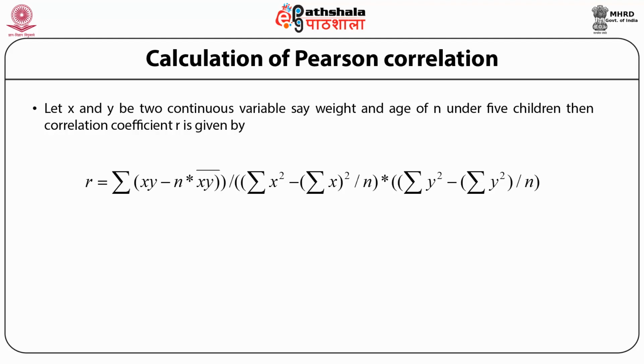Variance of x is equal to summation of x square minus sum of x whole square divided by n. This way we can calculate the R value. R varies from -1 to 1.